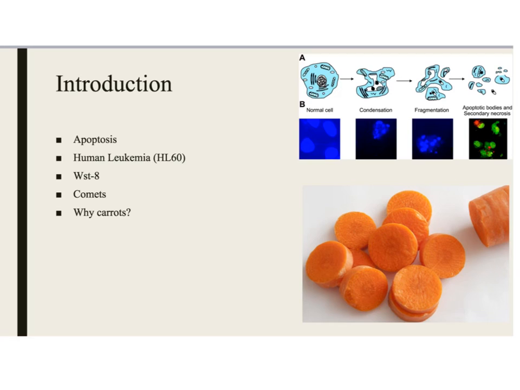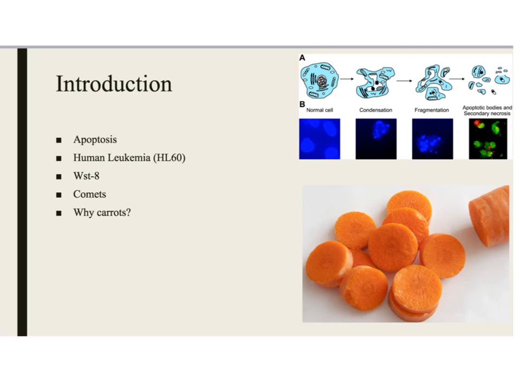So a little introduction before we get started into my results. Apoptosis is the death of cells that occurs as a normal and controlled part of an organism's growth or development. This would show signs of blebbing, shrinkage of the cell, and fragmentation.